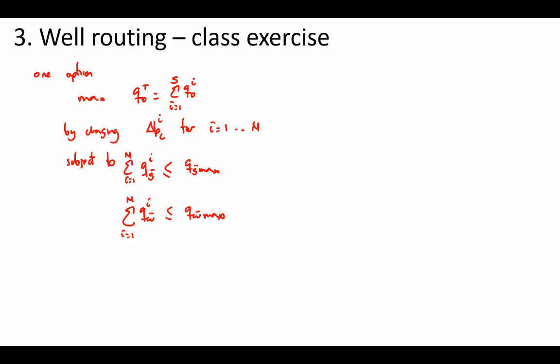Okay, here the main issue that I have is that this equation, Q oil i as a function of delta P choke i, is nonlinear. So this makes it a nonlinear problem. But we really don't care what is the value of the choke.